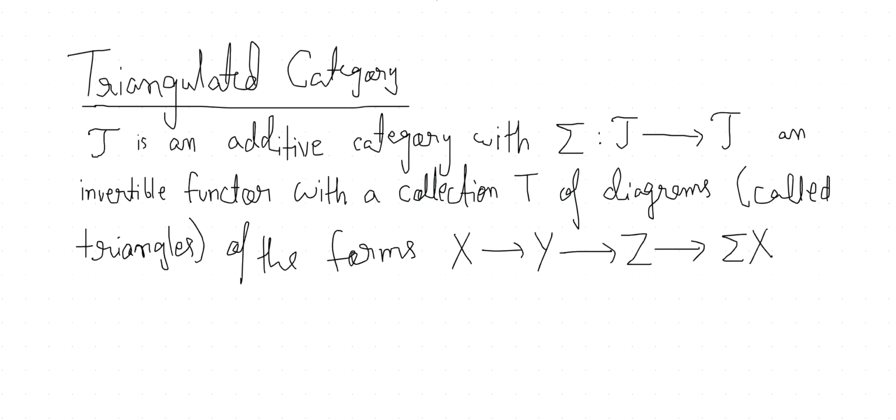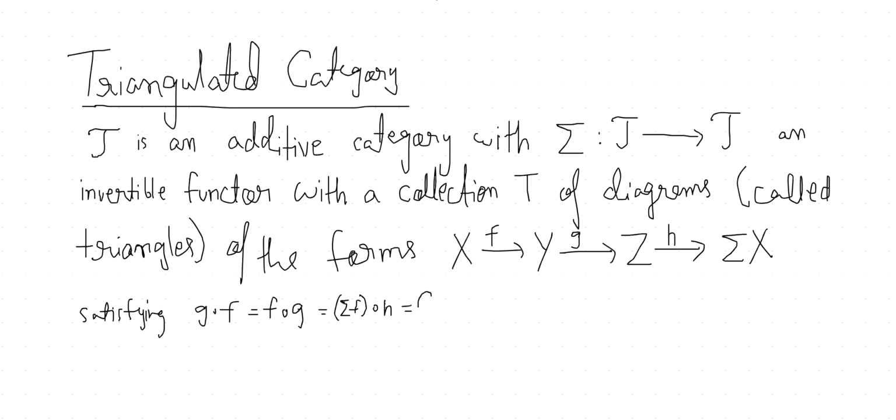So F, G, H, satisfying G composed F equals H composed sigma F. So sigma F will become a map from sigma X, suspension X, to suspension Y, because it's a functor, so it will take F to sigma F, and these are all zero.